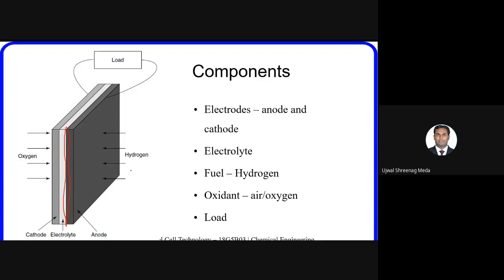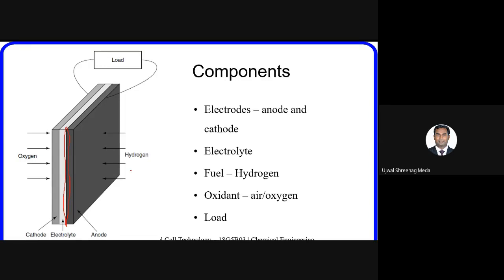For this purpose, the electrode is made as porous as possible. It is the interface at which the reactions take place, so the fuel should pass through the electrode and reach the interface for the reaction to take place.